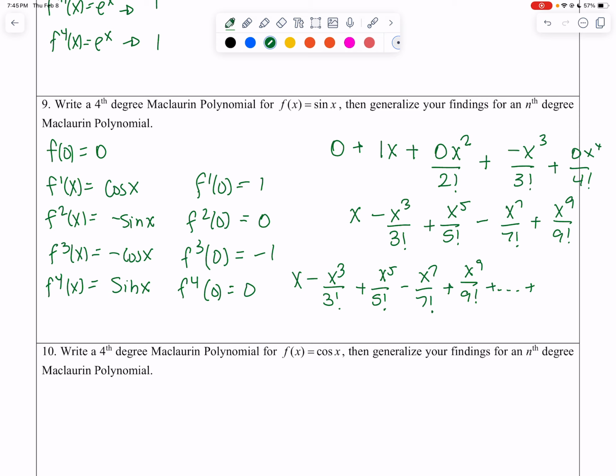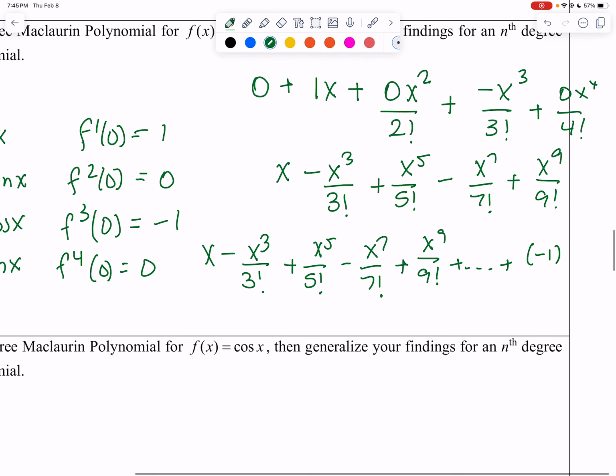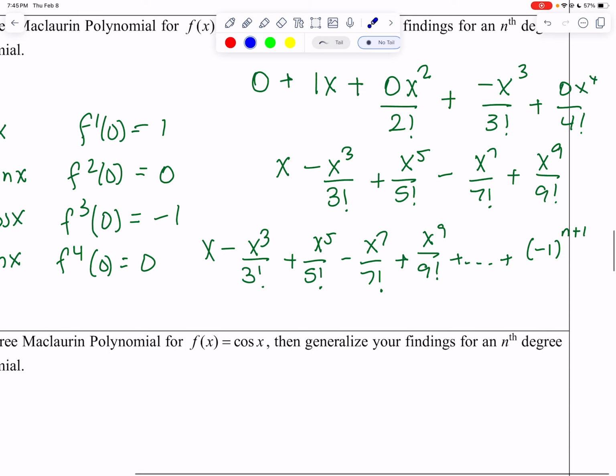All right, since we are alternating, I'm going to have negative 1. But now let's think about my power. This is my first term. It is positive. So I'm going to have a negative 1 to the n plus 1 to make sure that this exponent is positive. Okay.